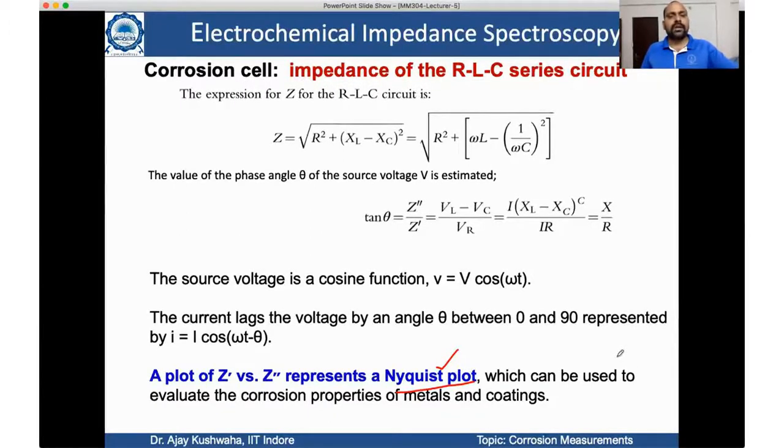We already know what kind of circuits are possible in an electrochemical cell, and based on that analysis we can get the value of corrosion potential, the corrosion resistance or polarization resistance. Then based on that value we can calculate the corrosion rate.